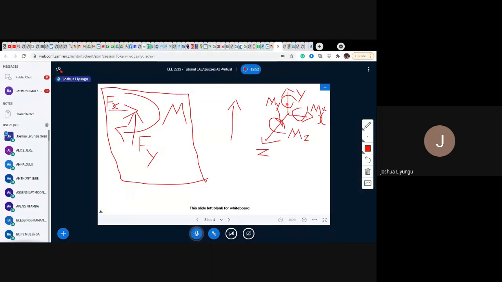Someone has said no. Correct. So any force that is parallel to or passes through that specific axis, you don't consider a moment because it doesn't bring about a moment. Take note of that.